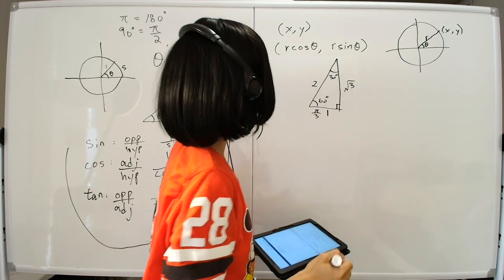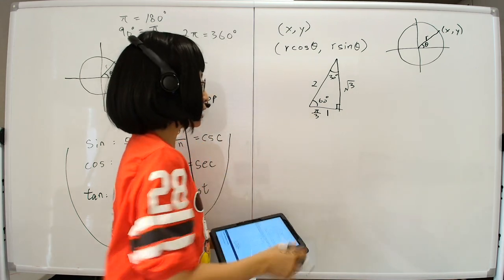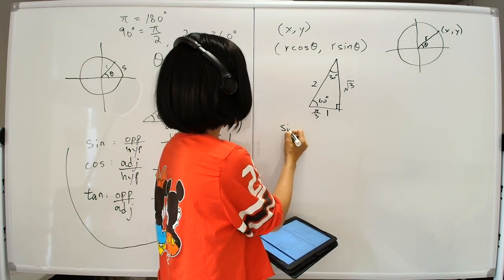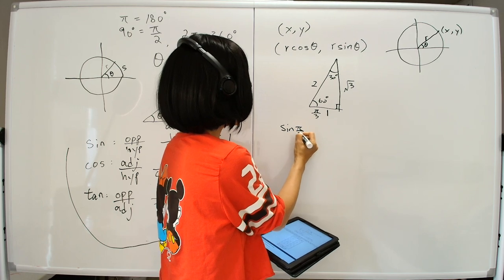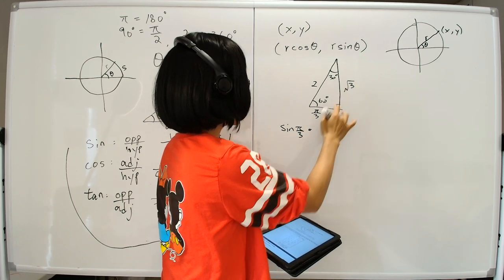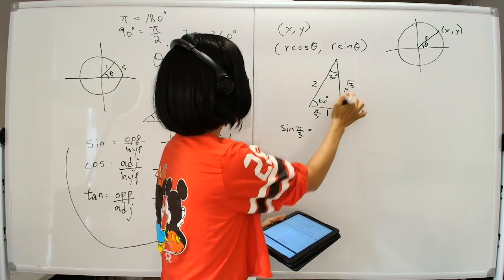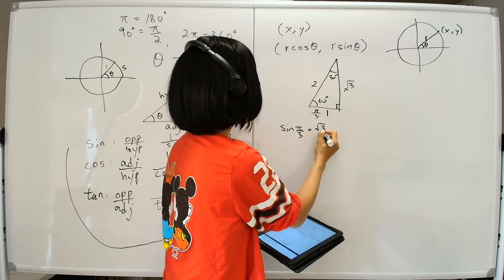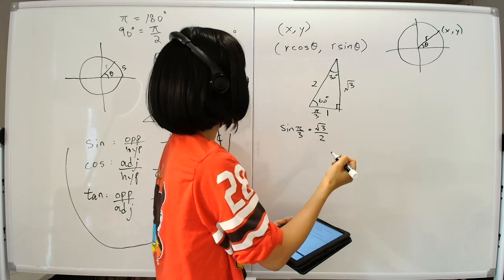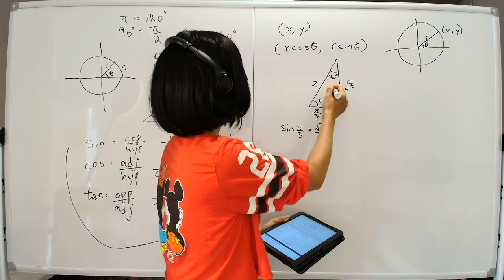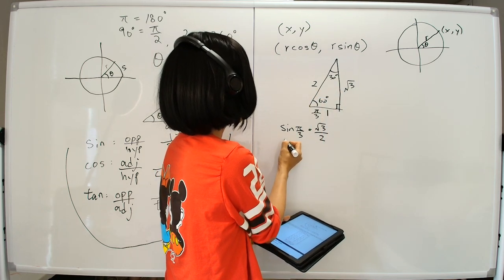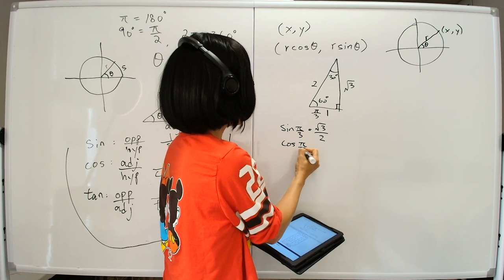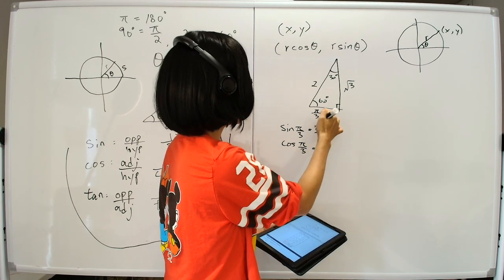Once you memorize that, from this triangle you can figure out things like sine of 60, or sine of pi over 3, is equal to opposite divided by hypotenuse, which is square root of 3 over 2. And then cosine of pi over 3, or 60 degrees, is 1 over 2.